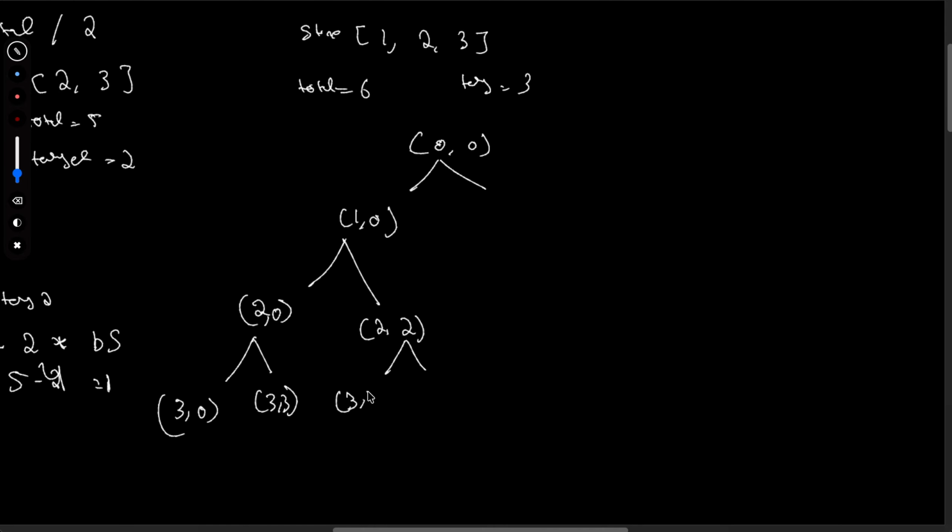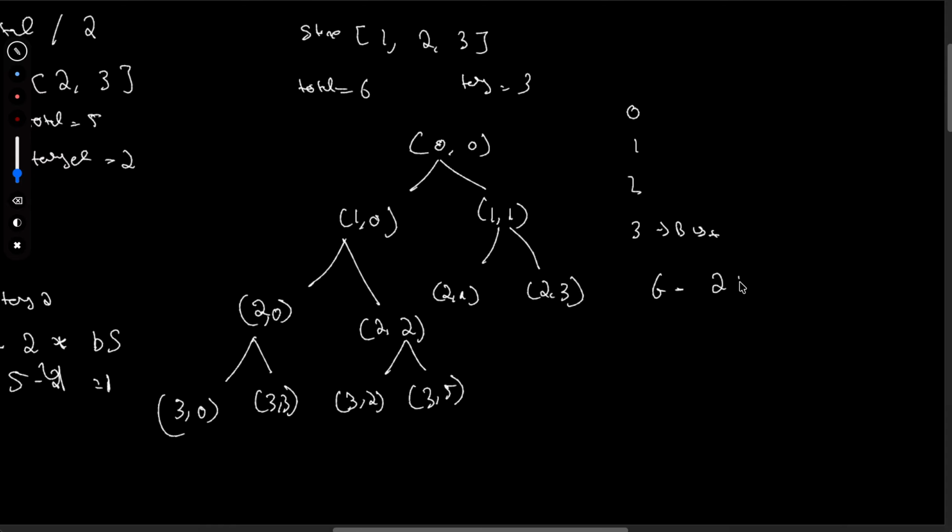If we skip, if we take, each has two options. Following the choices, 3 is the best. So the best sum is 3, and 6 minus 2 times 3 is 0.